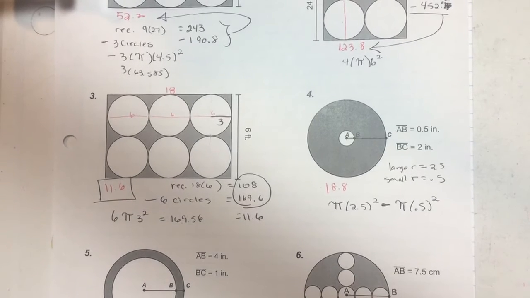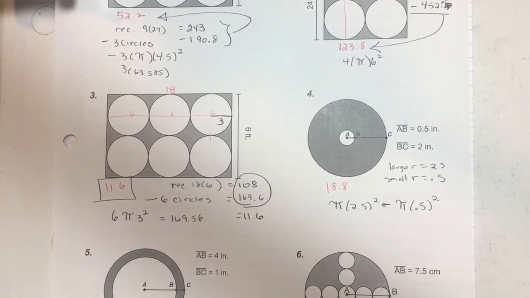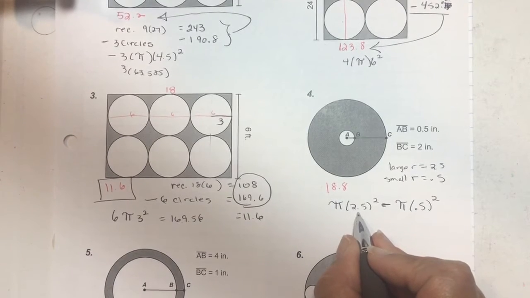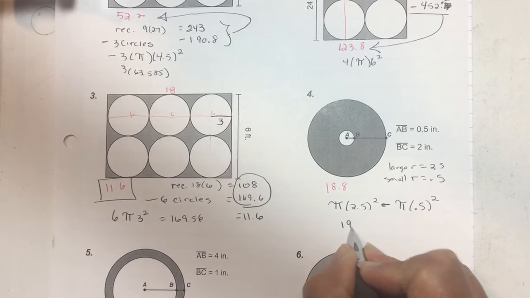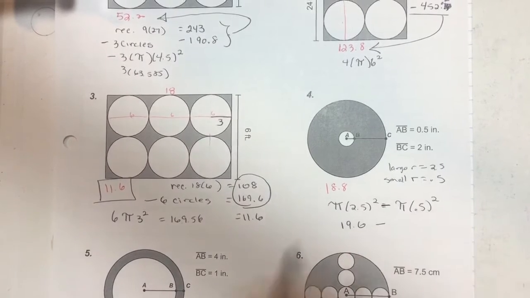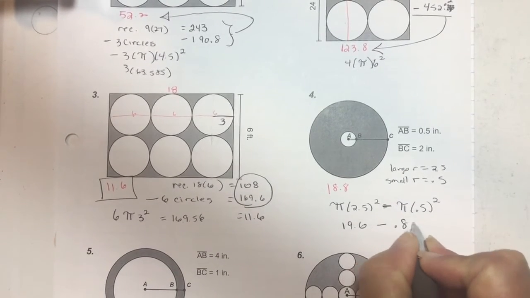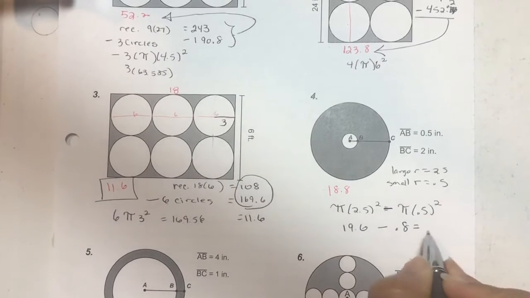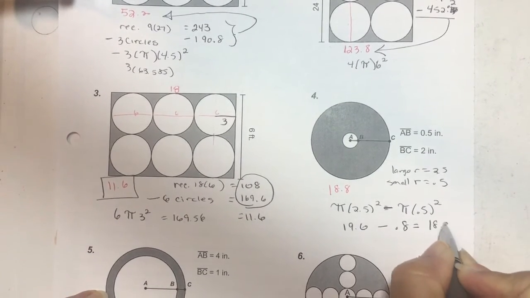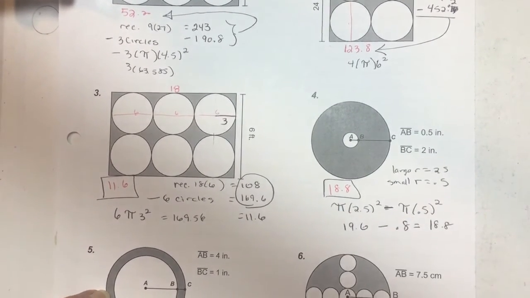Okay, let's enter some of those into the calculator. That one is 19.625. I'll just do 19.6. And then the small one is 0.785. I'll just do 0.8. 19.6 minus 0.8 is the 18.8 answer.